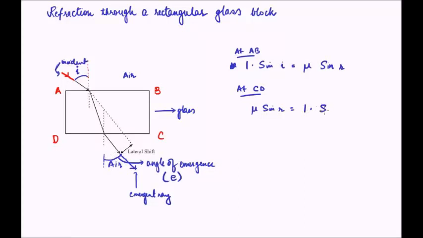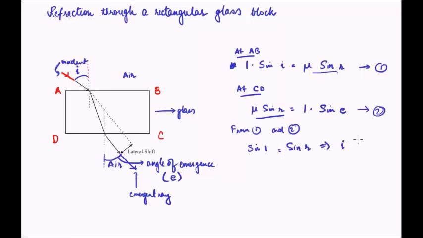At CD, it is bending away. Now this is r and this has mu, so mu times sine r is equal to, again the refractive index of air is 1, right? So this is 1 times sine of angle of emergence, okay, so sine e. This is equation 2.